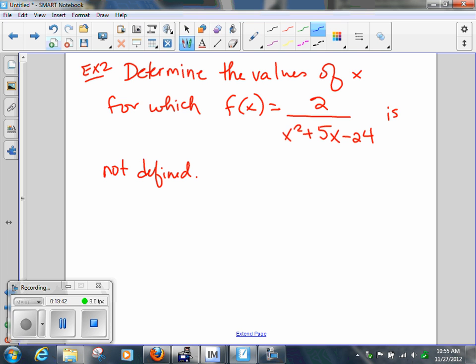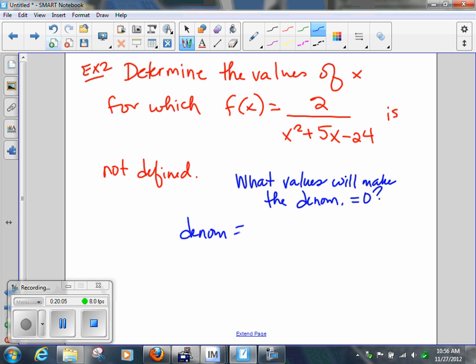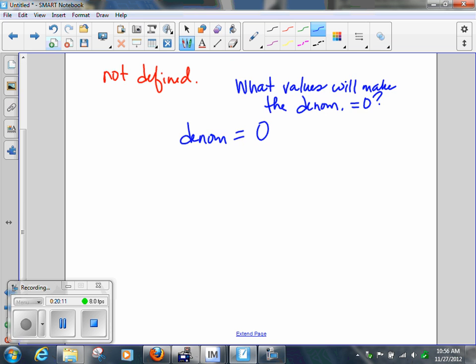So what we're going to do, folks, is factor it out: what values will make the denominator equal 0? Those are what will make it undefined. So we're going to take our denominator and set it equal to 0, and that's denom and not demon. Okay?